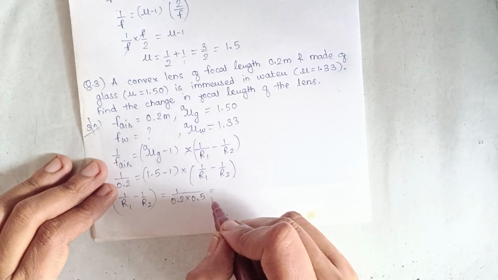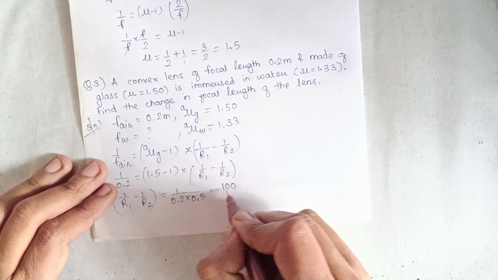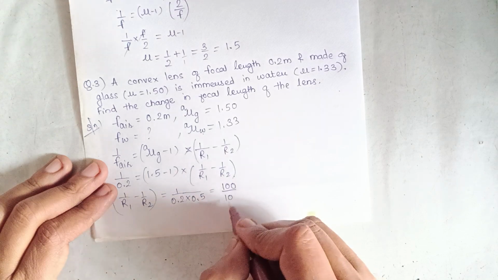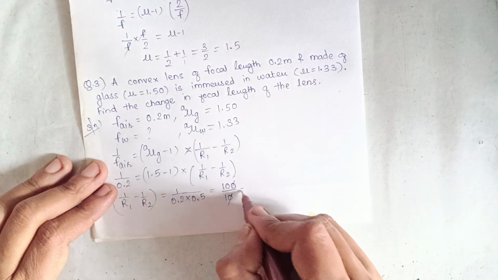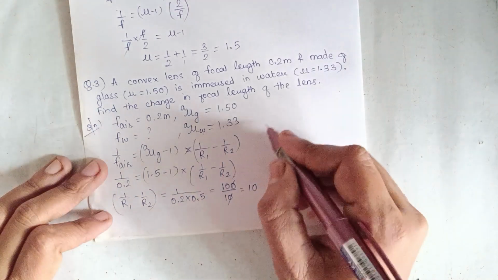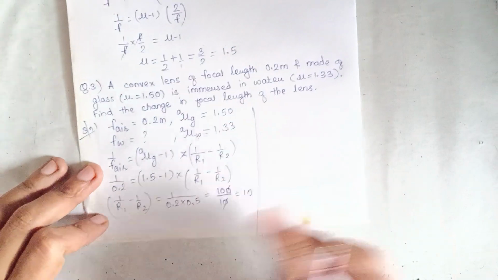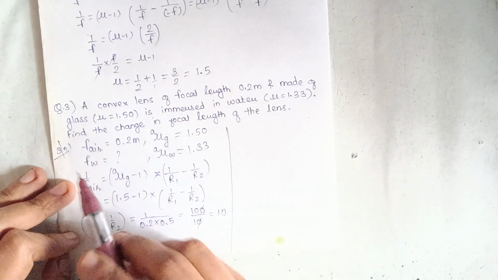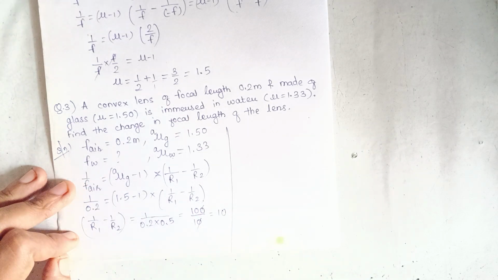So this is 100 upon 10. This is 10. So 1 upon R1 minus 1 upon R2 is there, which we can use to find the focal length in water.